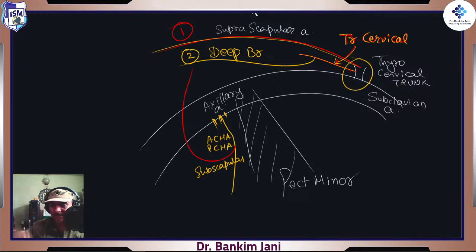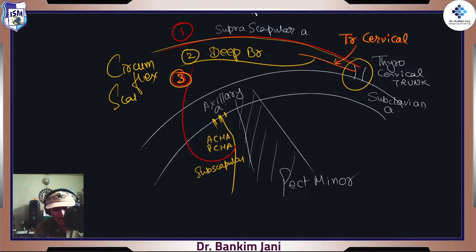Now this is the artery we were talking about, which is passing through that upper triangular space. That's the third one. This is the circumflex scapular artery, and that's how they do the anastomosis.